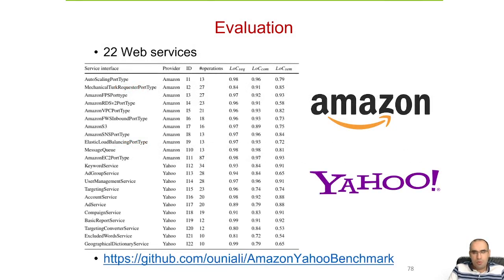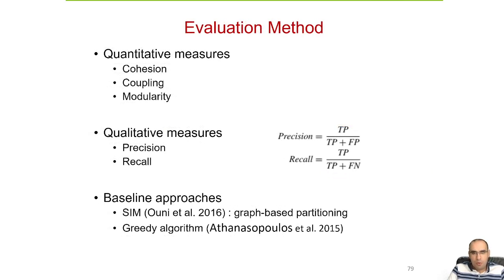As for the evaluation, we considered a benchmark of 22 web services provided by Amazon and Yahoo. Our dataset is also publicly available on GitHub at the link here, so that you can check it and extend and replicate our study on this dataset or on other web services. As for the evaluation method, we considered three quantitative measures: cohesion, coupling, and modularity.